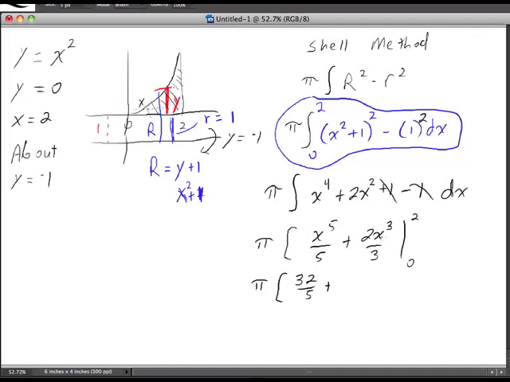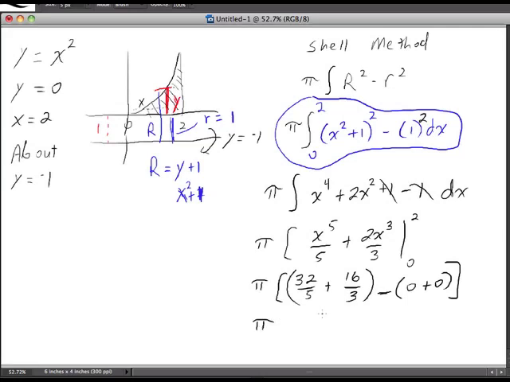And I'll put a 2 into here. 2 to the 3rd is 8 times 2 is 16. That's if I plug in the upper bound. You always do upper minus lower. Now if I put in a lower bound of 0, both of these terms yield zeros.